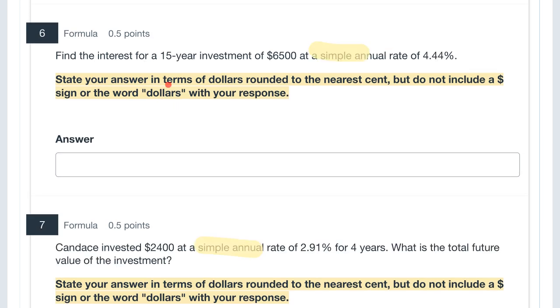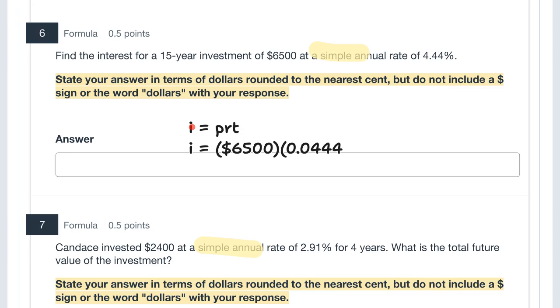Number 6, find the interest on a 15-year investment of $6,500, simple annual rate of 4.44. This is exactly like the one we just worked. So I is PRT because it is simple. In this case, the interest I is the original principal of $6,500 times the rate of 0.0444.